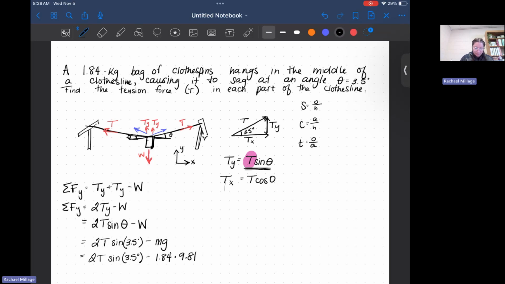It's not a negative 9.81 because I already accounted for that negative when I put my subtraction on here. I already accounted for the direction when I said my W is negative. Okay.